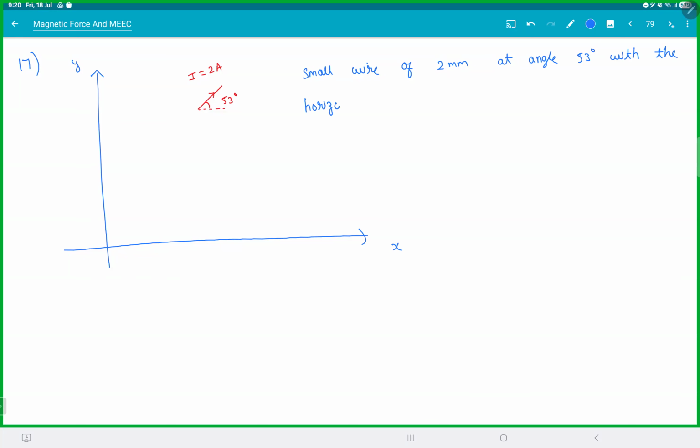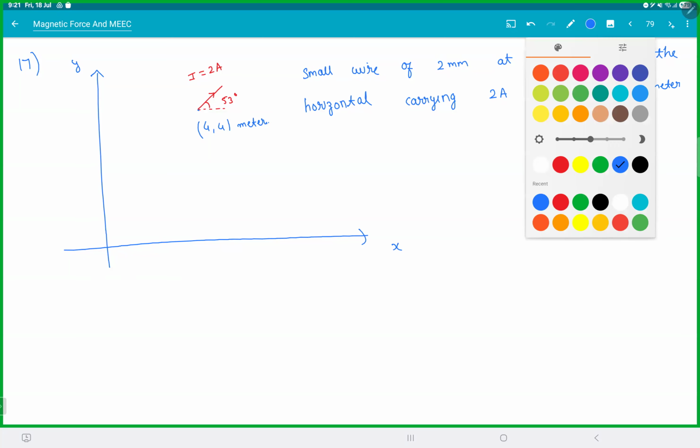It's a very small wire. You can almost treat it to be a point, at the coordinates 4, 4 meters. The length of the wire is 2 mm and the distance is 4, 4 meters, so compared to this distance, that is a very, very small wire. Find the magnetic field at the origin.